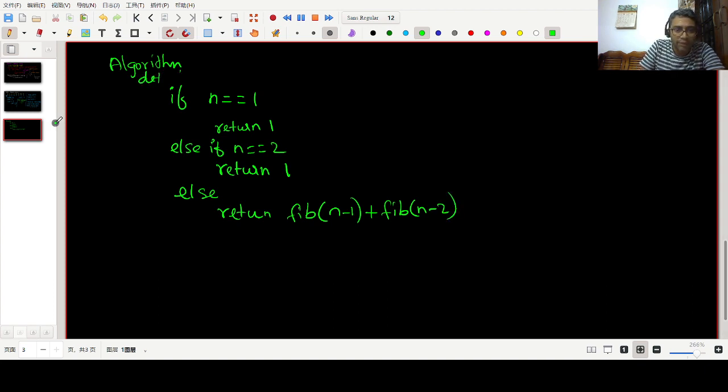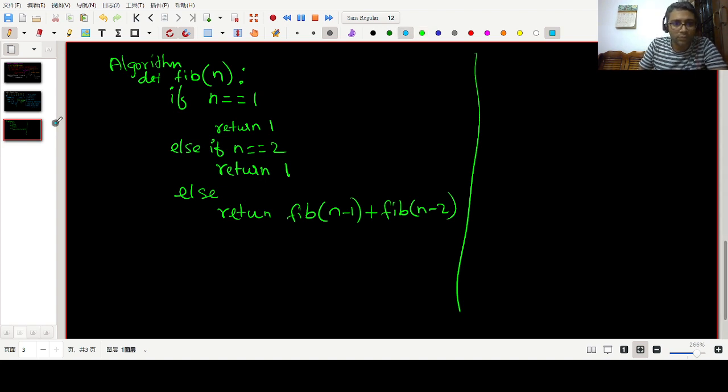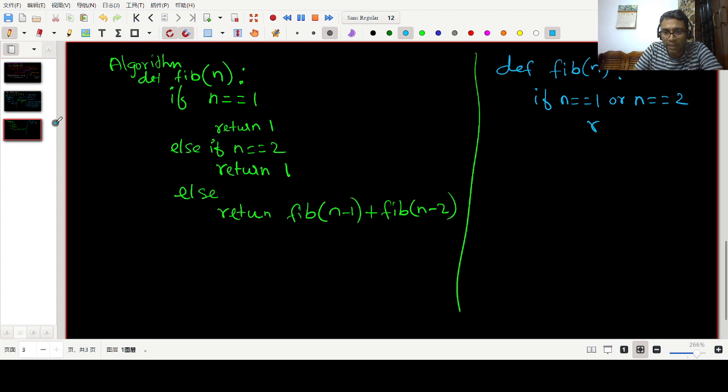def fib of n. This is the function. Let me rewrite this function, and keep on simplifying it. def fib of n: if n equals 1 or n equals 2, I'll be returning 1.